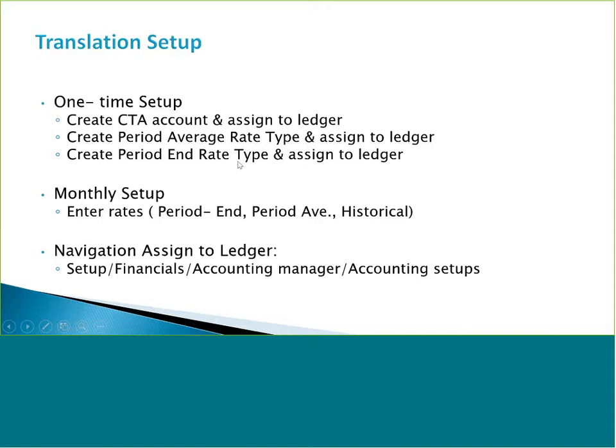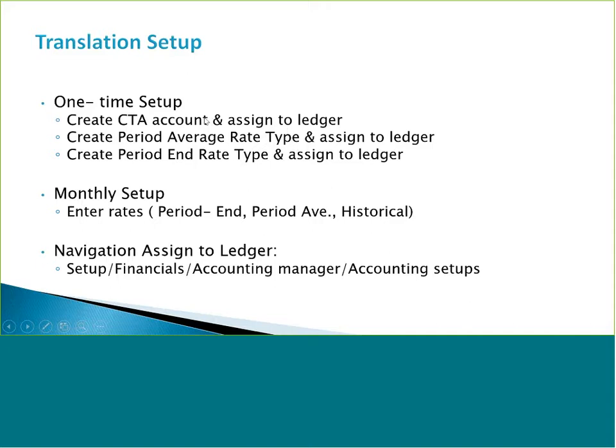So the period end rate is going to be the exchange rate effective on the last day of the period. Okay. So if it is February, it's going to be the 28th, or if it's April, it's going to be the 30th. The period average rate type, we already know what that is. So for this, we are going to create a new rate type because we don't have one.